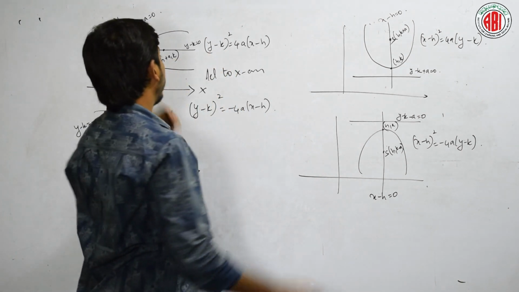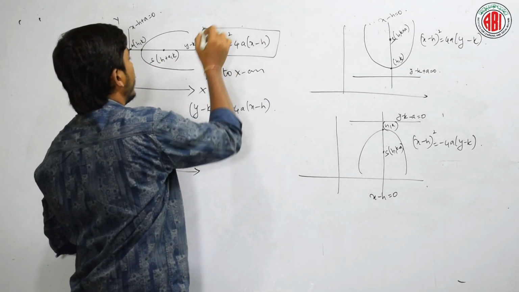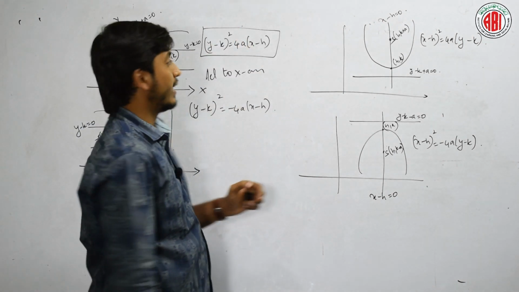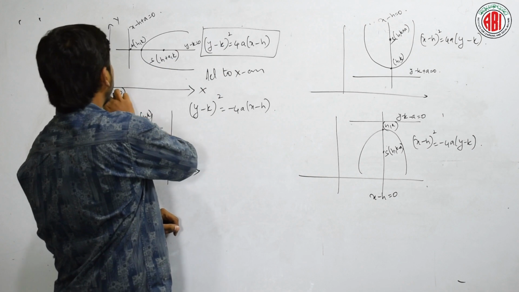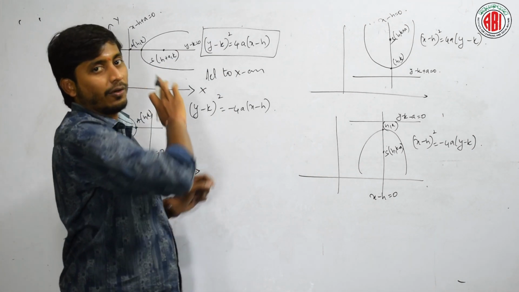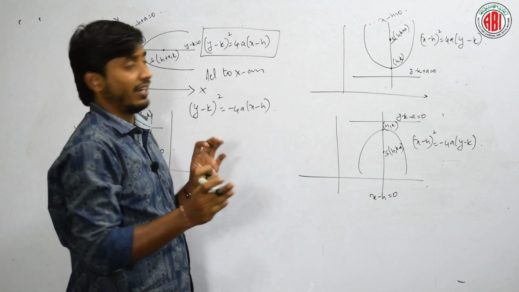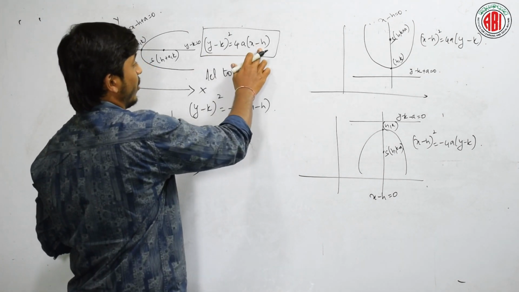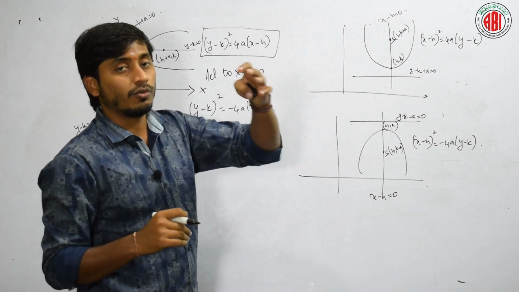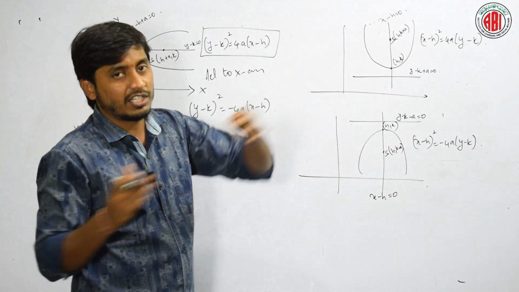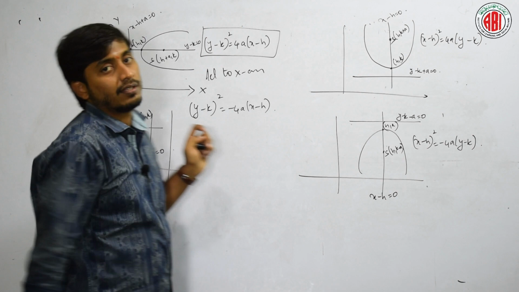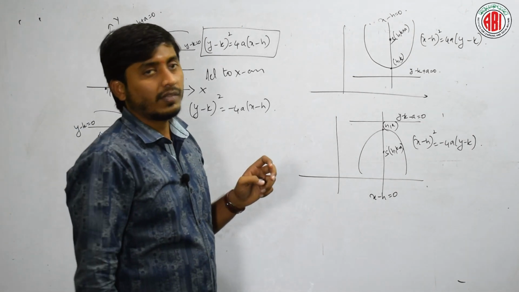This kind of parabola can have an equation of (y minus k) whole square equal to 4a into (x minus h). How? That is this vertex has shifted h towards right, k towards top. This you can manipulate in any way. Standard was y square equal to 4ax, but the thing is y has moved up, x has moved to the right. This shifting made this parabola move towards the first quadrant, right?